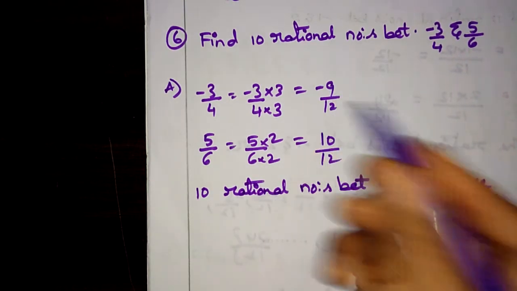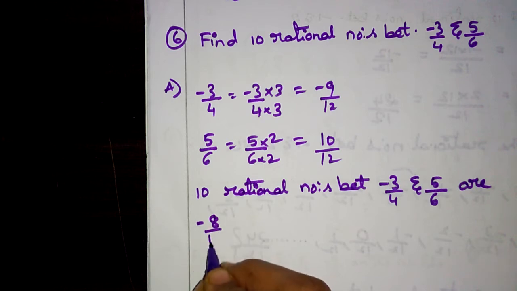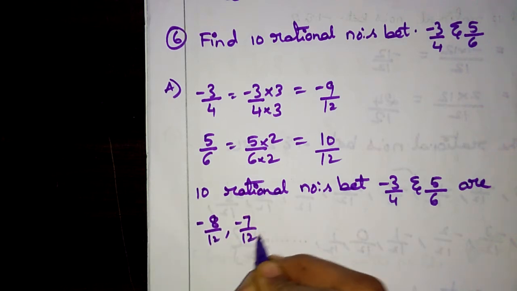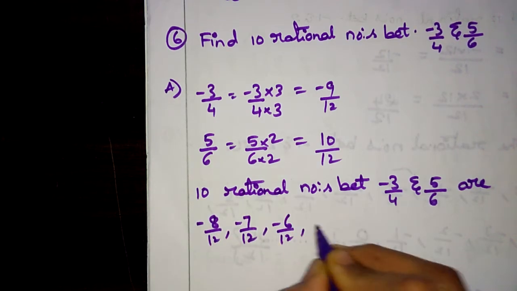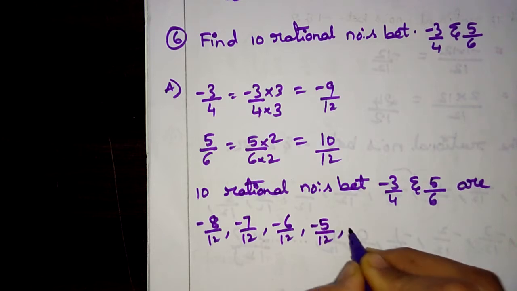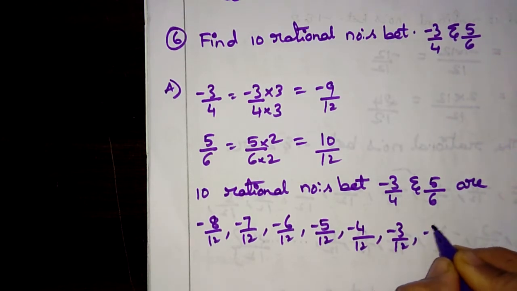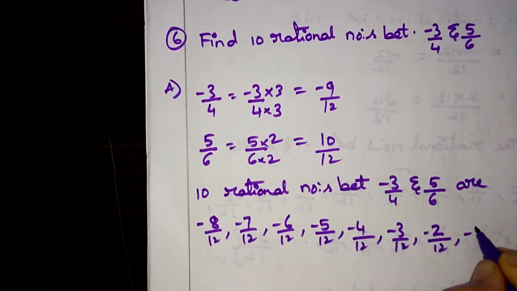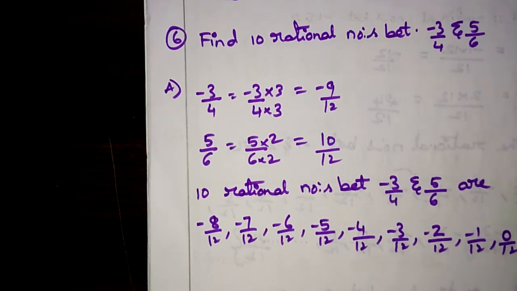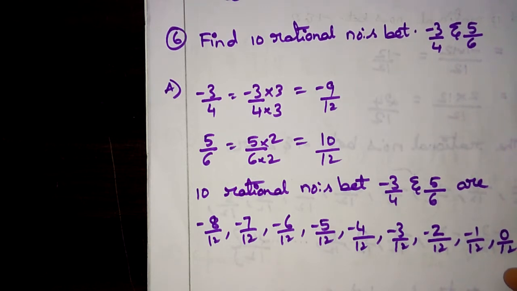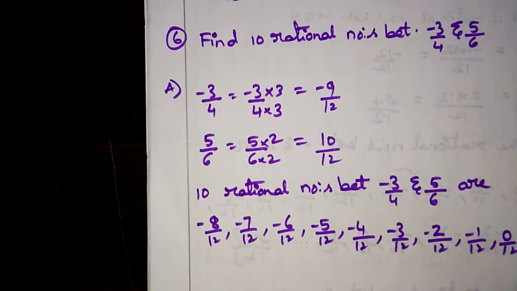Yes, minus 9 before, minus 8 by 12, minus 7 by 12, minus 6 by 12, minus 5 by 12, minus 4 by 12. Like this you have to write. 0 by 12 or 0, anything, children. Okay, 0 by 12.